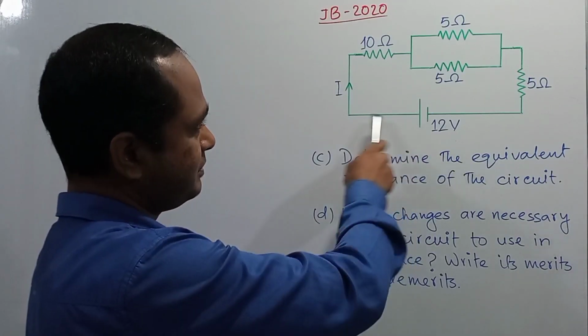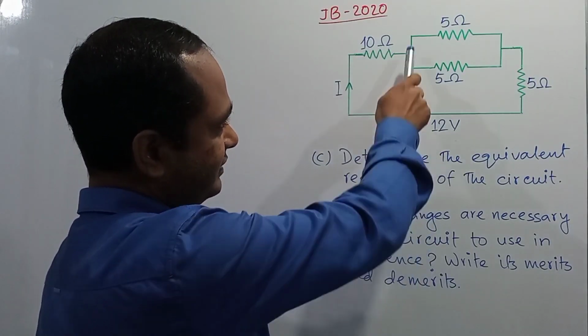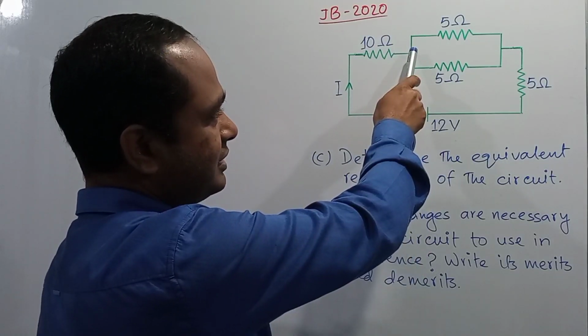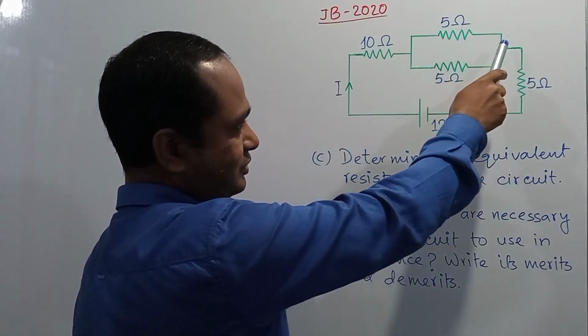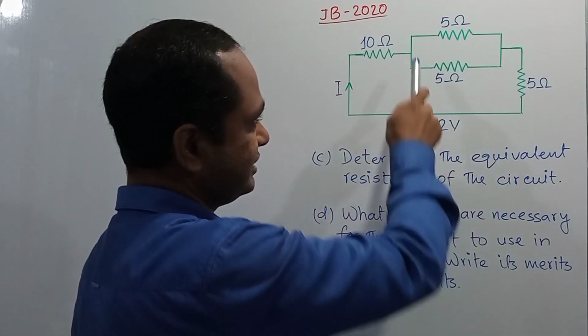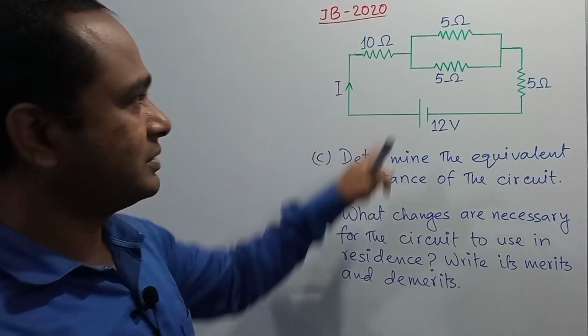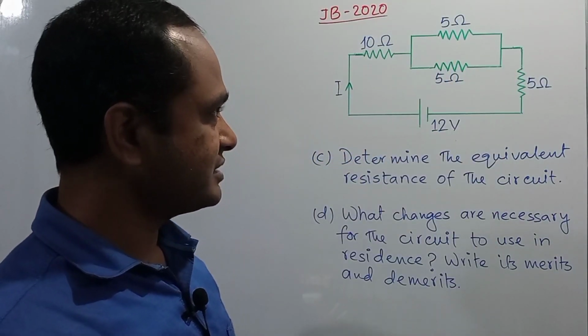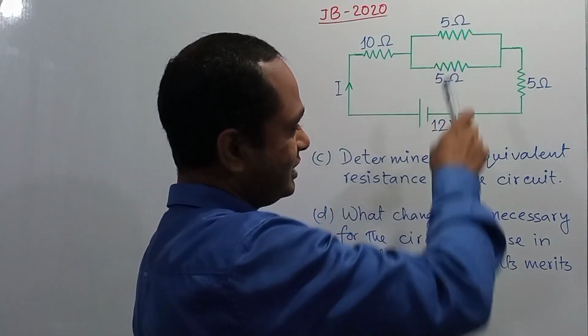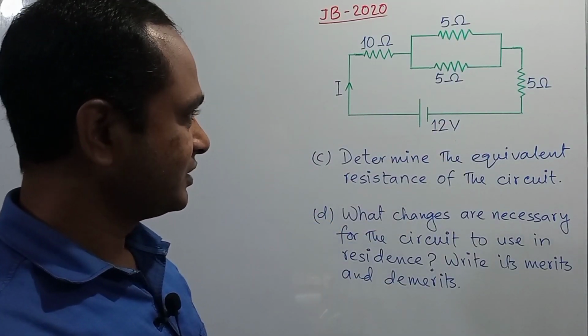When current passes through the 10 ohm, it splits at this point, so the parallel combination starts here. After crossing these two 5 ohm, it merges at this point. So this is the starting point of the parallel combination and this is the ending point, right? These two 5 ohm are connected in parallel combination, right?